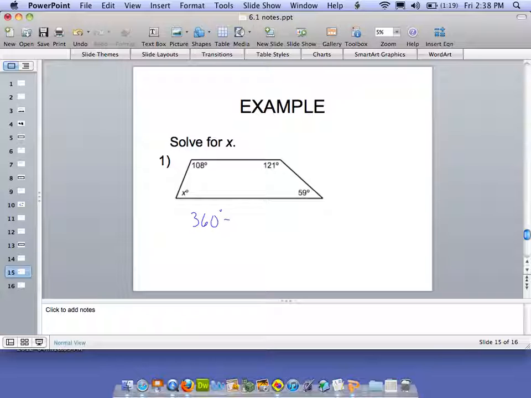If I take 360 degrees and I subtract the 108 plus the 121 plus the 59, it's going to leave me with my x, and that comes out to 72 degrees. The first thing you have to know is what the sum of the interior angles is equal to. And this is one that we didn't have to calculate. We all know that four-sided figures are going to add up to 360.